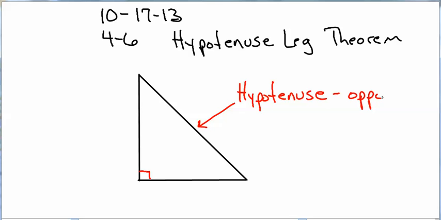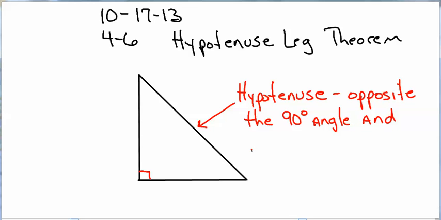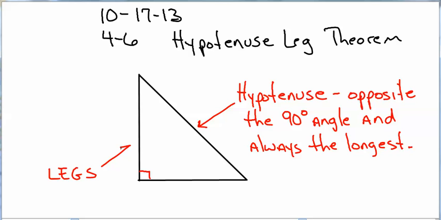It's opposite the 90, and it's always the longest. The other two sides are called legs. There and there.